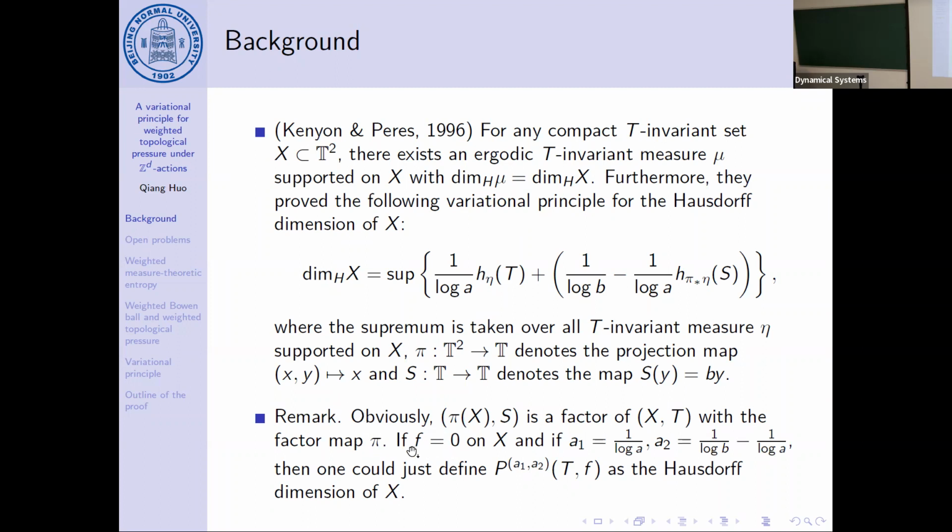And if we take the potential function equal to 0, and if a1 equals this and a2 equals 1 over log B minus 1 over log A, then one would define P, which relies on a1, a2, as the Hausdorff dimension of the invariant set. So if we consider the torus dynamical systems, then Kenyon and Peres give an answer to this question. They just define this term as the Hausdorff dimension.